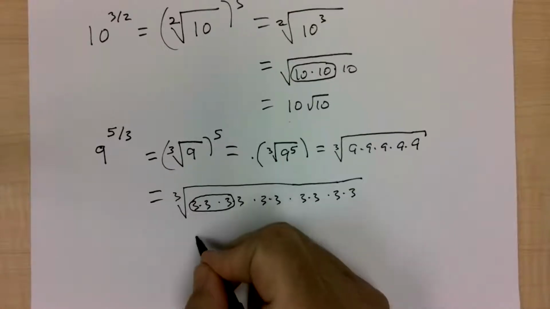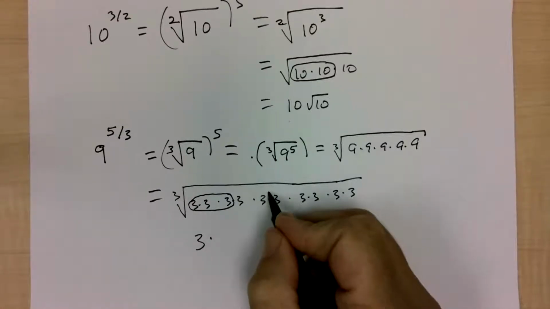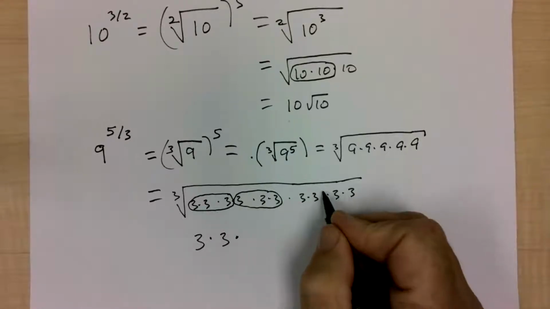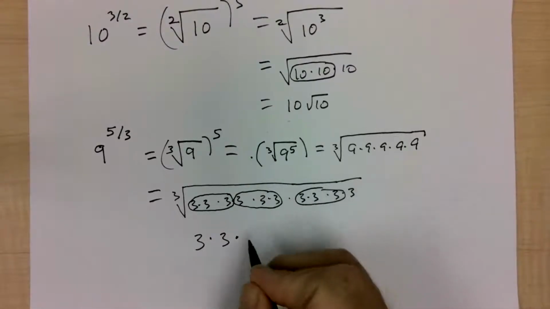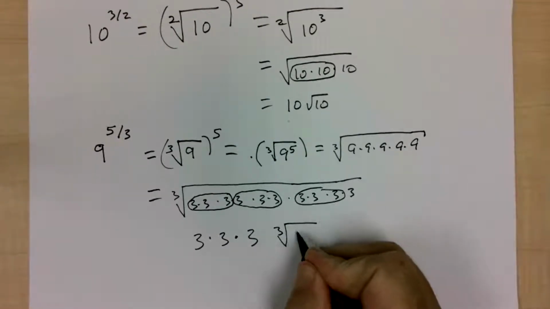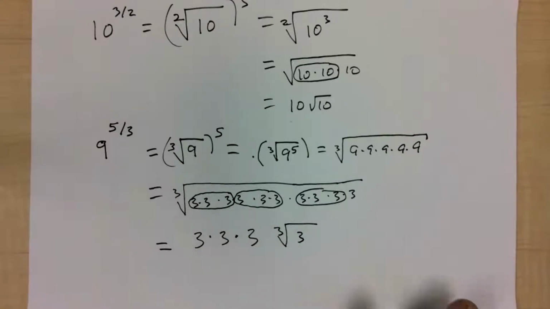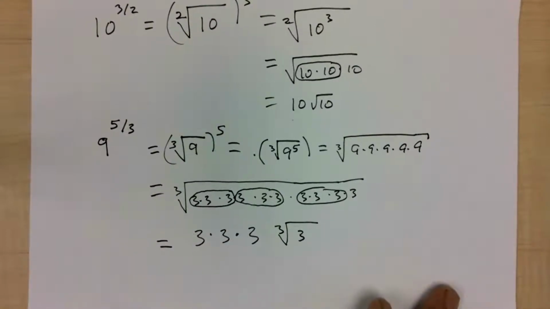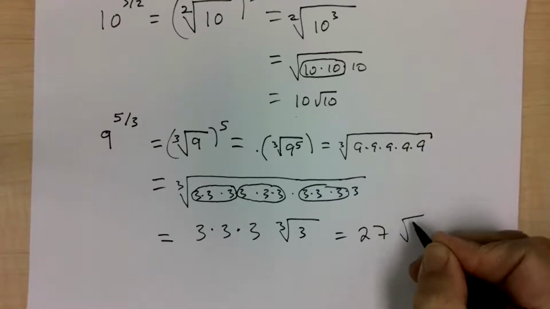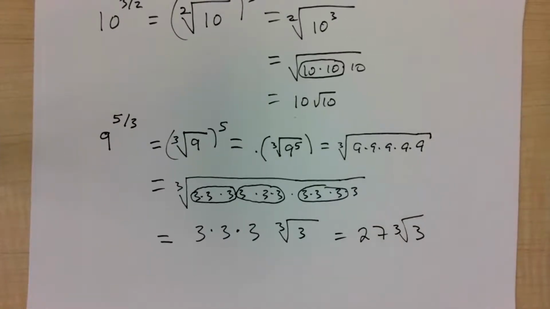Cube root of 3 times 3 times 3 is 3 times another cube root of 3 times 3 times 3, which is 3 times cube root of 3 times 3 times 3. And then I have a cube root of 3 that's left. So then my answer is 3 times 3 times 3, which is 27 times the cube root of 3. And that will conclude this lesson.